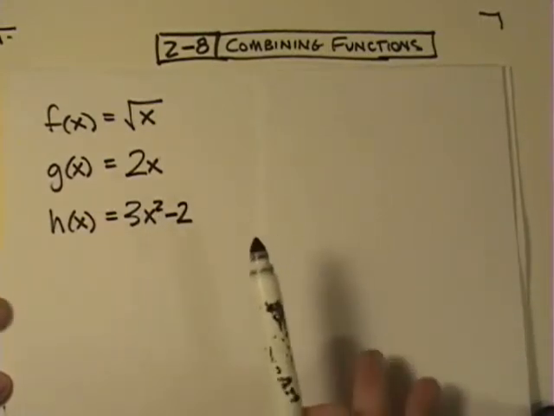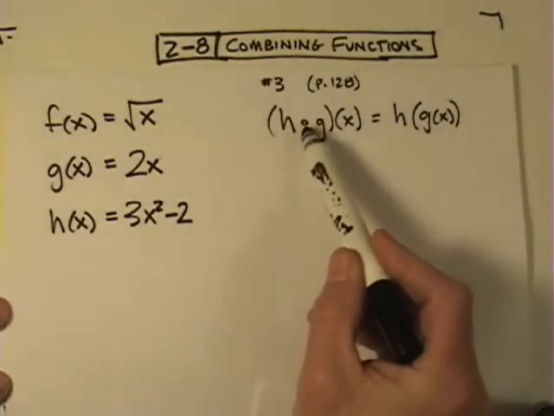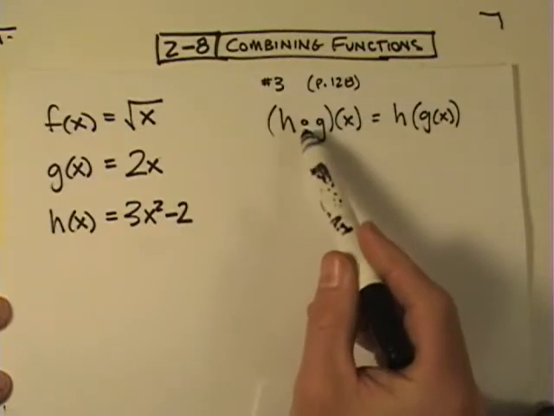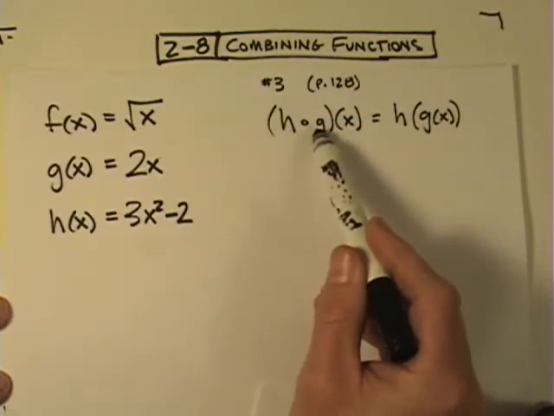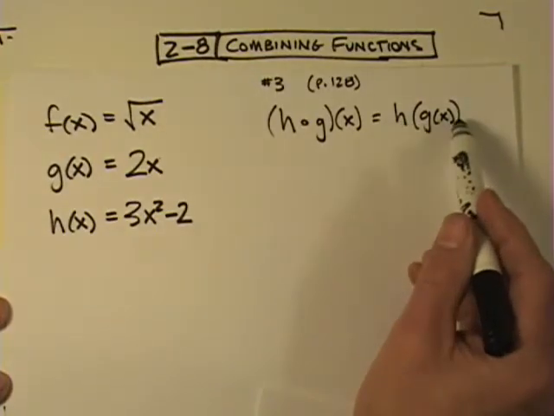So the way the notation works is that we read this h of, that little o there can be thought of as "of", h of g of x, and that's no different than h of g of x.